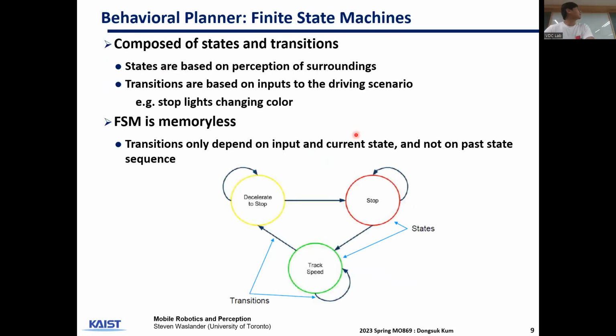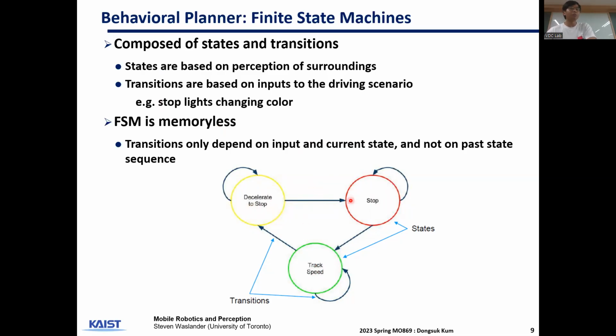For example, a finite state machine is one way to create a behavioral planner. This one is composed of states and transitions. Each state is displayed here in the nodes, and transitions are based on the inputs of the driving scenario. You will have the states that you would like the autonomous vehicle to be in, for example, stop, track speed, or decelerate.